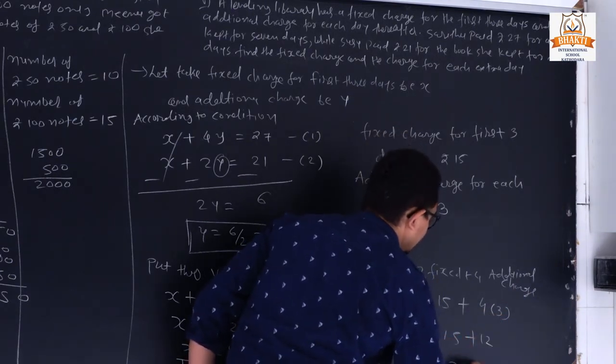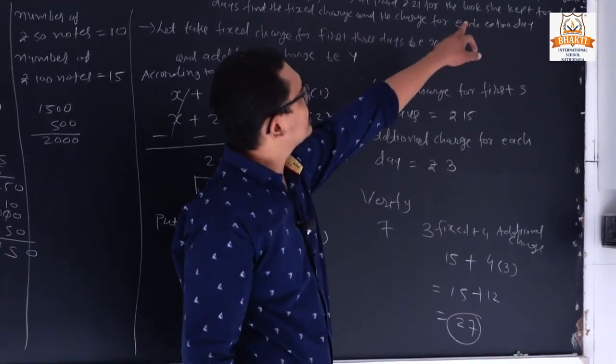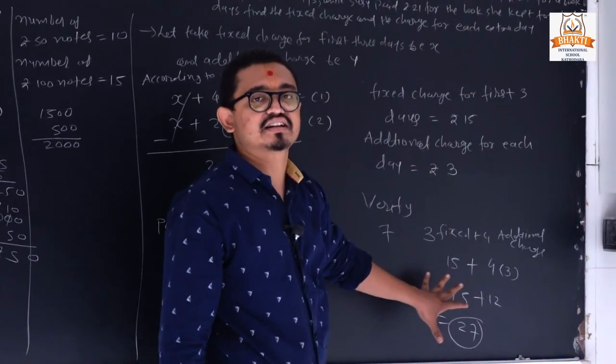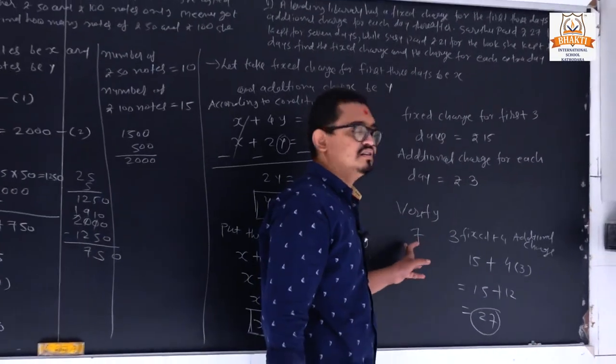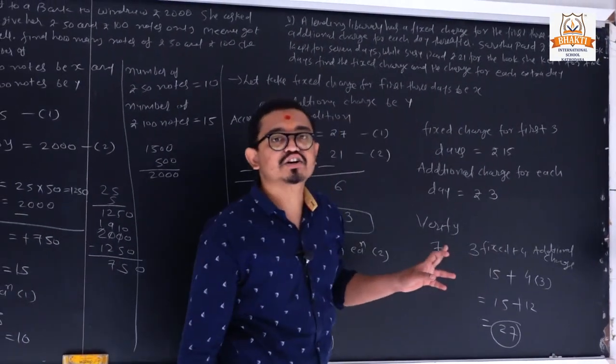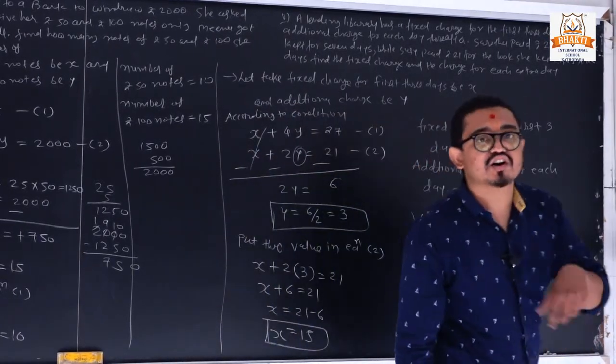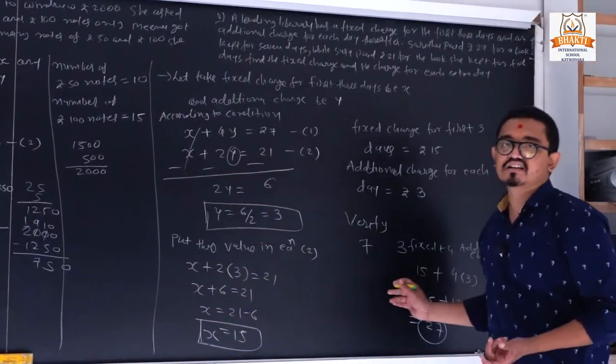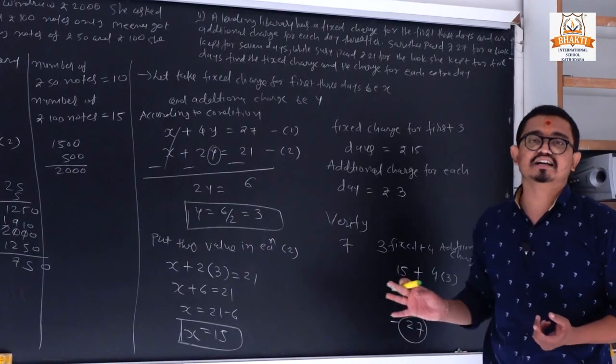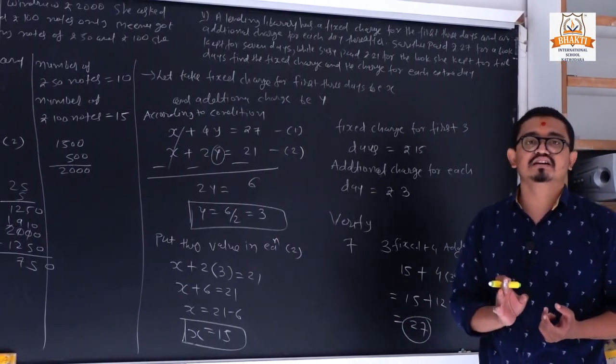So the answer is 27. Now it is verified. Clear? Our answer is right. But in the examination, you do not need to verify your answer. If you want to check whether your answer is right or wrong, you can simply verify it in the rough work also. So exercise 3.4 is now over.